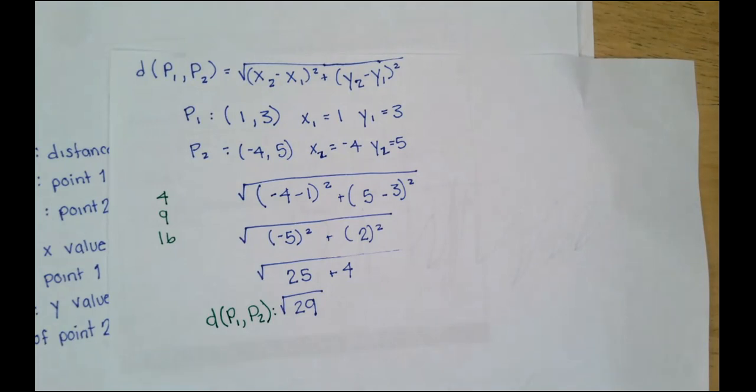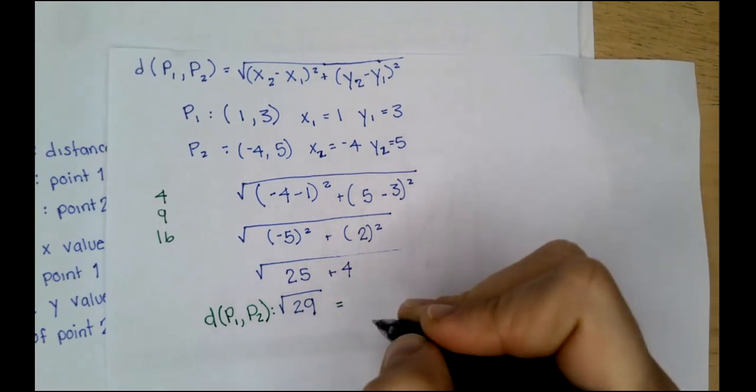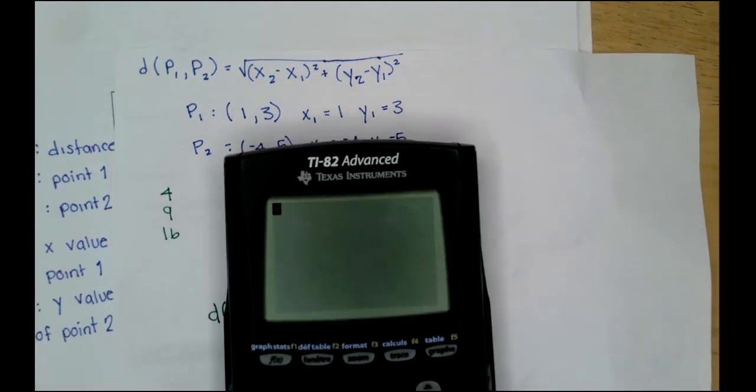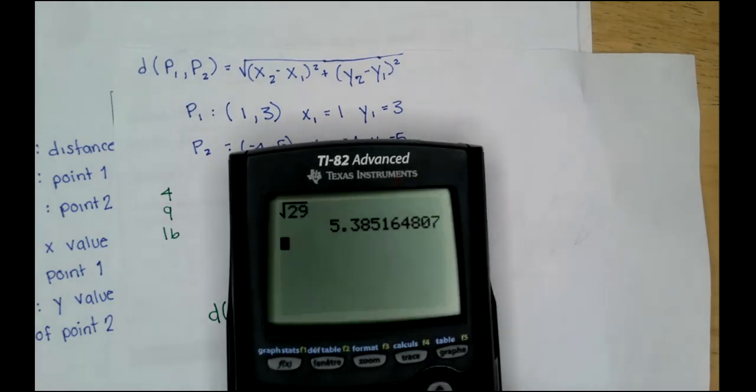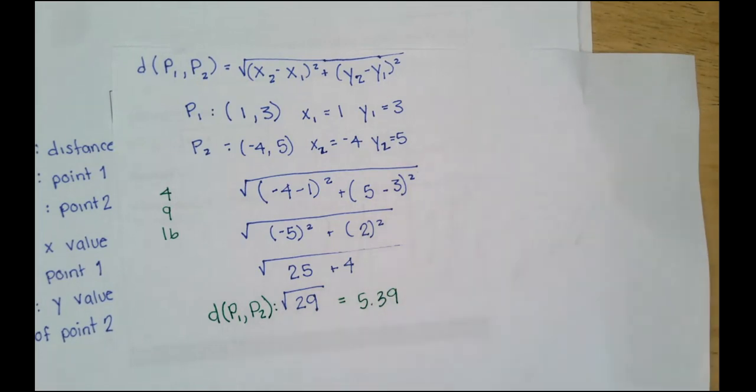I'm going to leave it in simplest radical form. But if it's a word problem, you might put it into your calculator. And when you put the square root of 29 into your calculator, oops, you get 5.39, I would call it. Good. Okay.